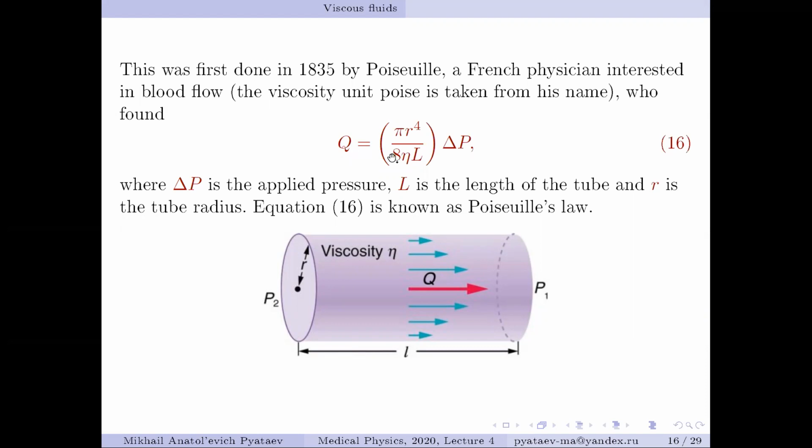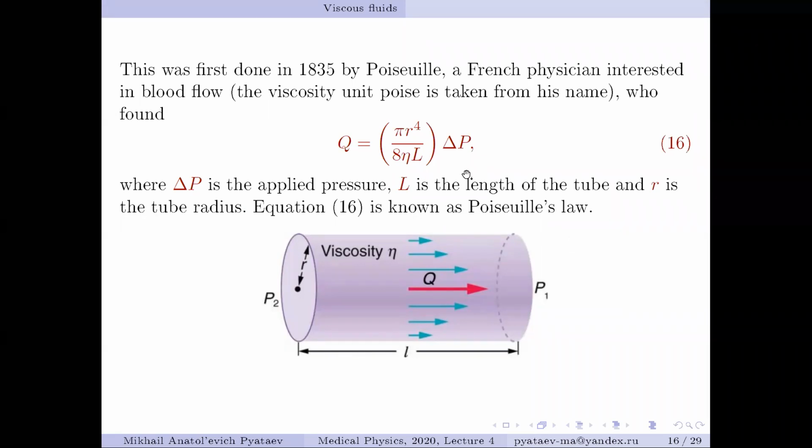And that means, again, to compensate, we need to increase pressure. And that's why the radius of vessels can strongly affect blood pressure and the volume per given time, which is actually Q.